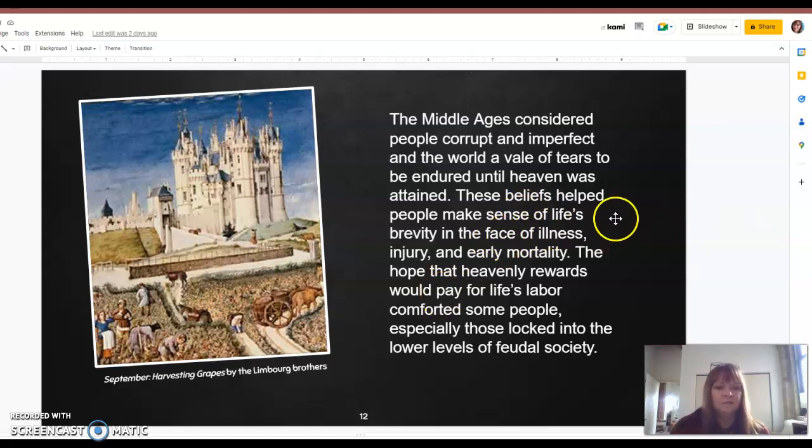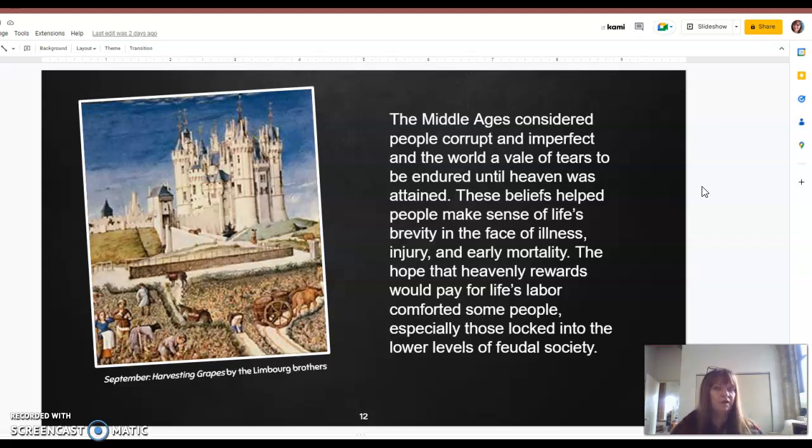And in this case, it helped make sense of illness, short life expectancies, right? Injuries, early mortality. Why was life so short? I mean, the average life expectancy, I believe, in the Middle Ages was like 30. So the hope that heavenly rewards would pay for the labor endured on earth comforted people.